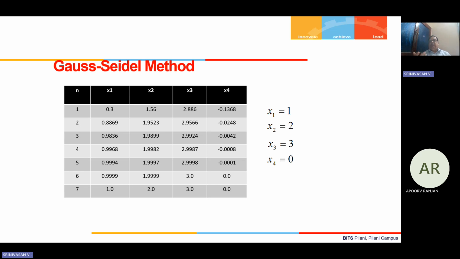The more the approximations, the better the results. Because it is time consuming, you can at least stop with the fifth iteration and still say that it is 0.999 or 1 itself, 1.999 or 2 itself, 2.999 or 3 itself, and minus 0.000, so it is 0 itself.